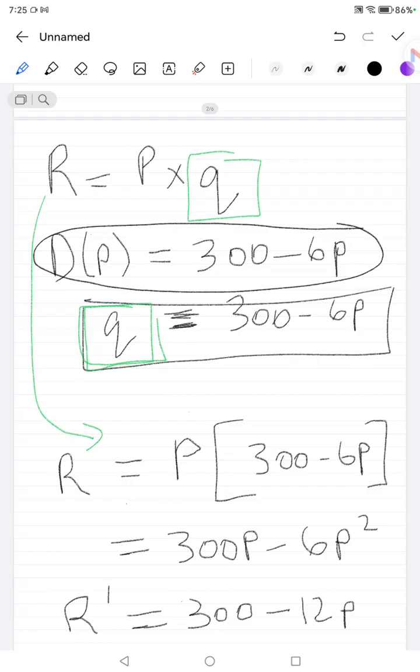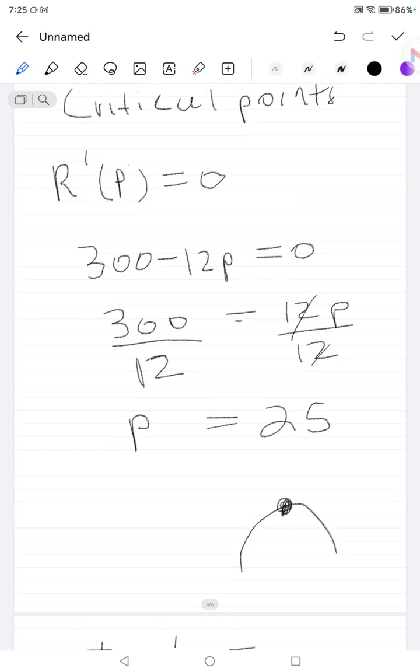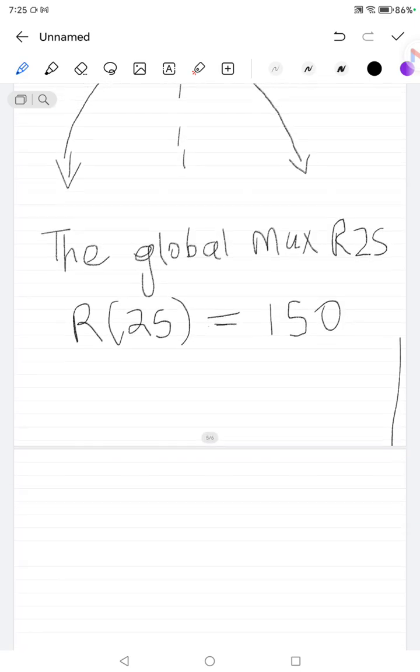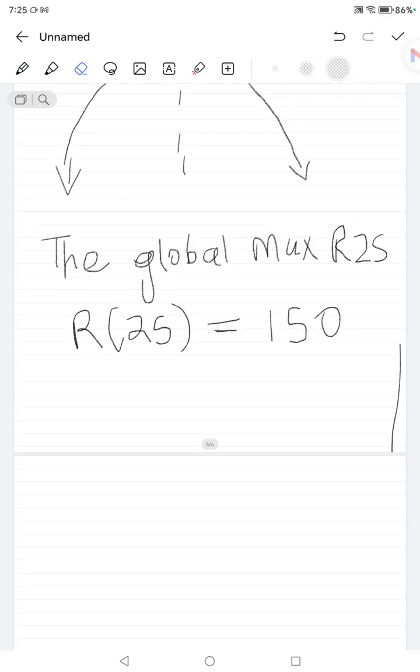No, it's not 150. It's a negative value. If you use that one, 300p minus 6p squared, it gave us negative 3,450. It's not negative, because I was getting a positive number. I was surprised that this can be 150.